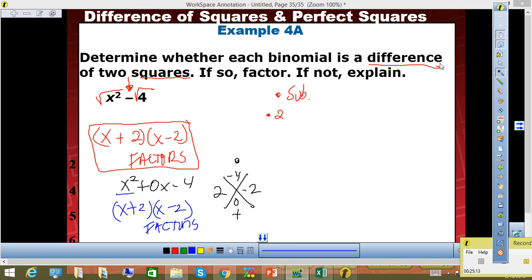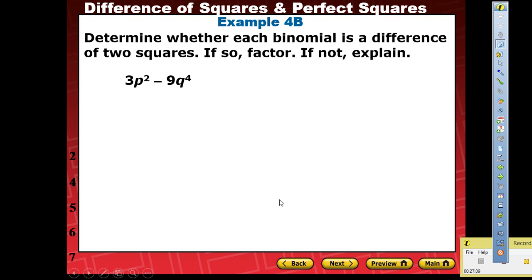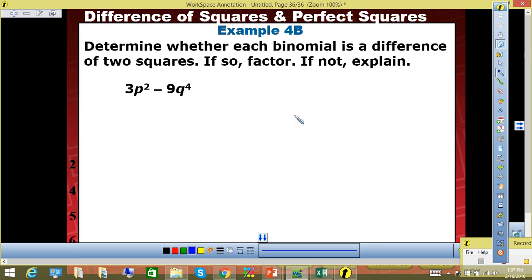Example 4b. Copy this one. 3p squared minus 9q to the 4th. So, what's the first red flag? That it's a binomial, right? Does it have a subtraction? Yes, so far.